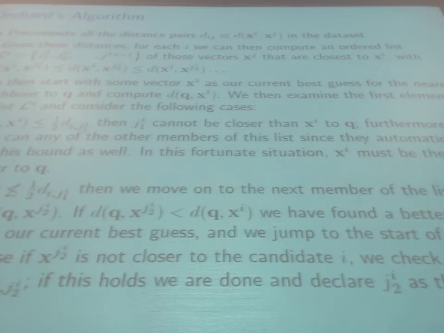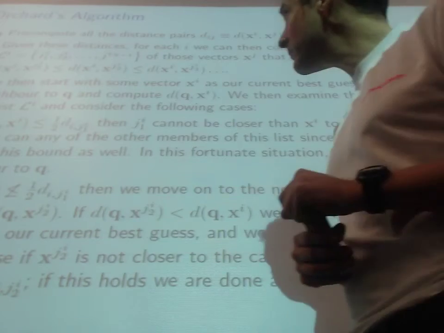So first of all, we do something very expensive, which is we pre-compute all of the pairwise distances. We form this matrix Dij, which is the distance between all the training points. This is a one-time calculation that we do once and for all, and we store this matrix Dij. That's expensive, but it's just a one-time thing.